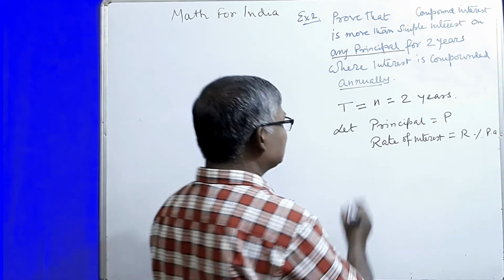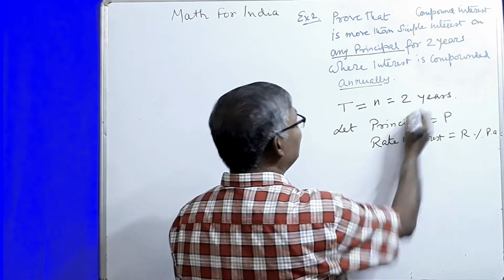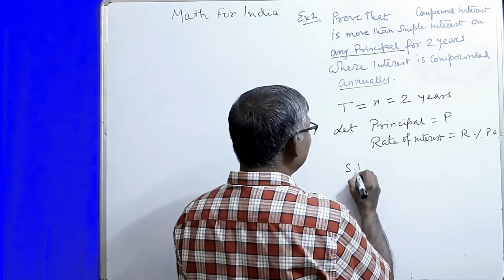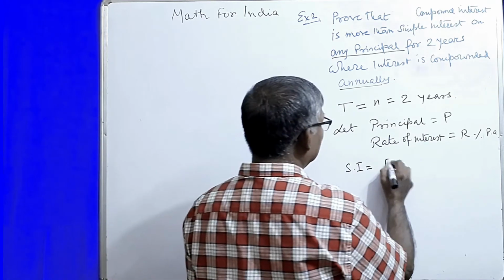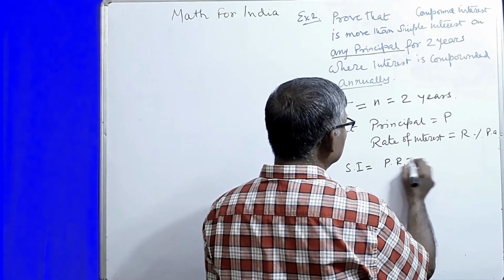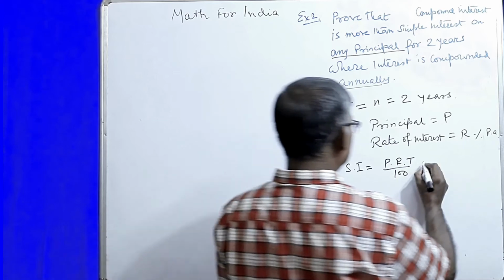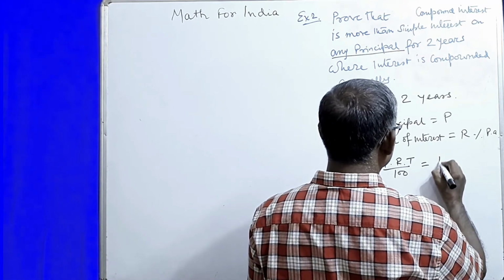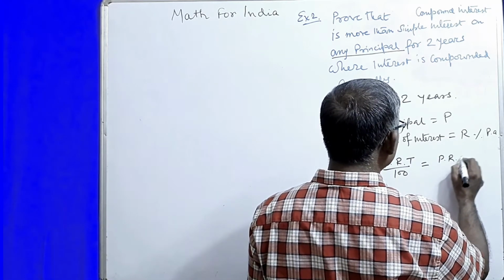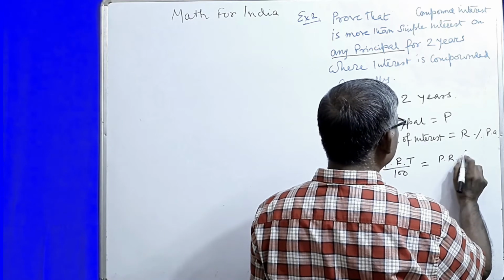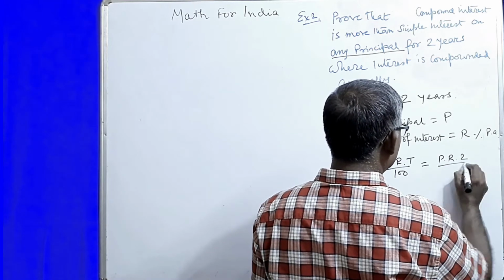So, what is the simple interest for 2 years? Let SI be the simple interest. It is P into R into T by 100, we know. So, it will be P into R into T, means 2 years, by 100.